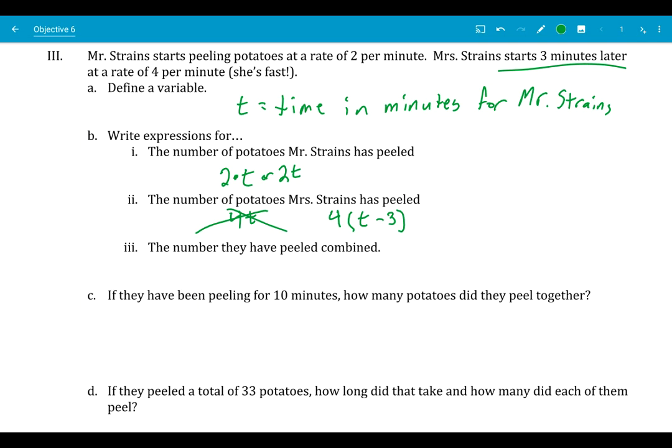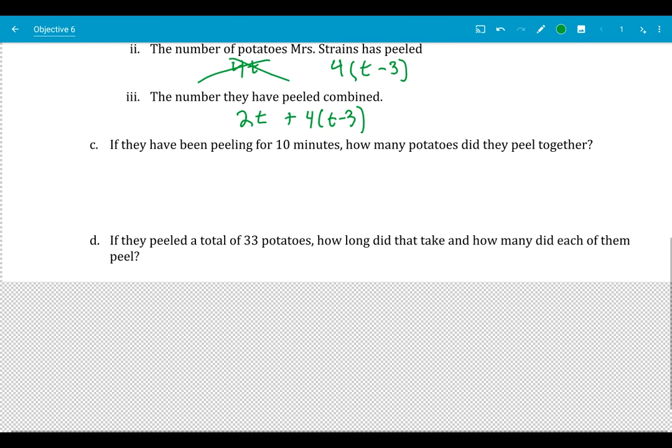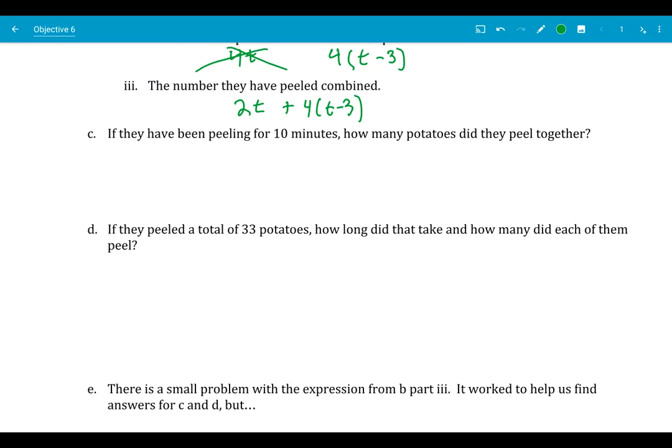Five minus 3. The number of potatoes peeled together then is just adding them together: 2t plus 4(t minus 3). If they have been peeling for 10 minutes, how many potatoes did they peel together? You've been told that time equals 10.